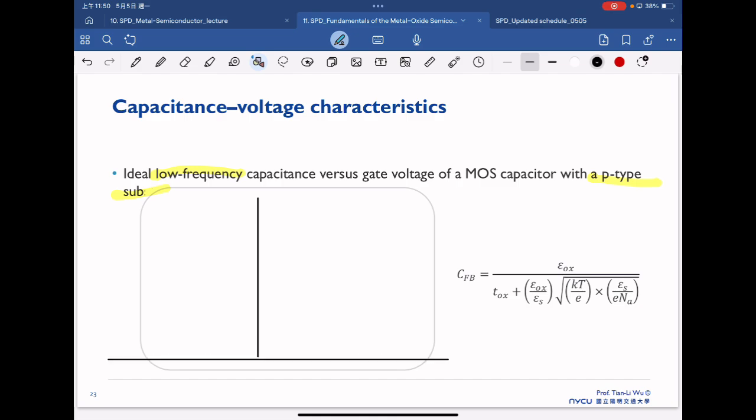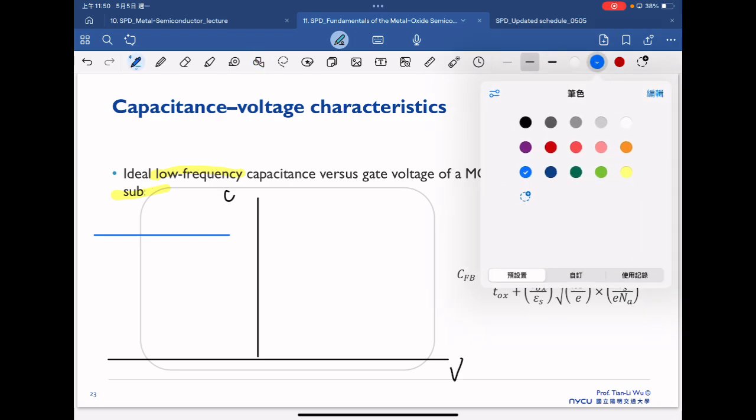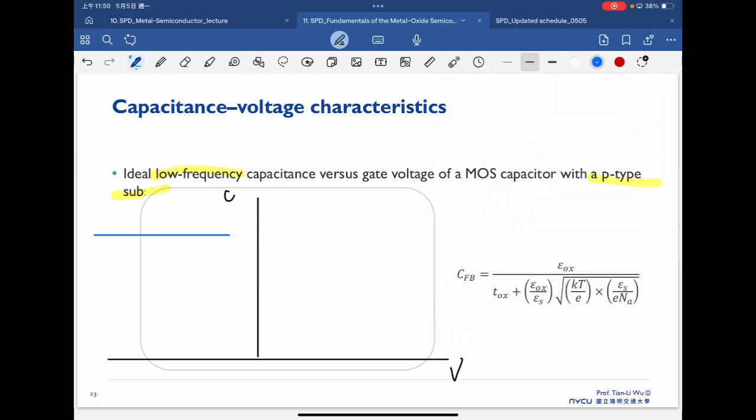So this is capacitance versus voltage, and first of all we have the accumulation, and this is our accumulation region, which is equal to Cox.